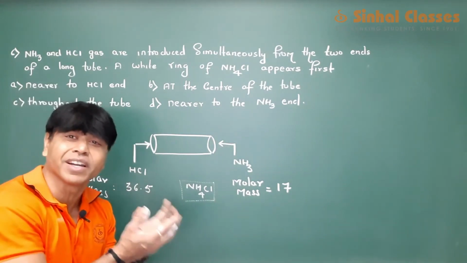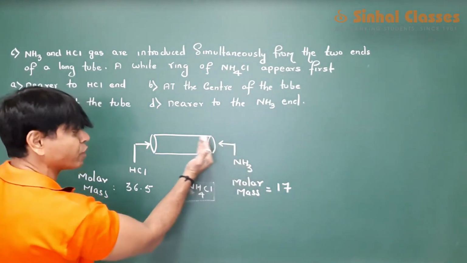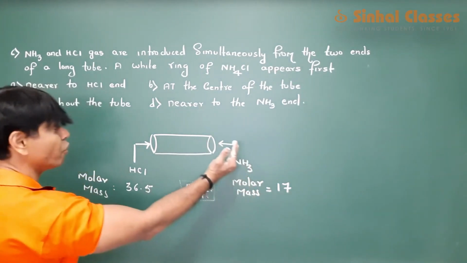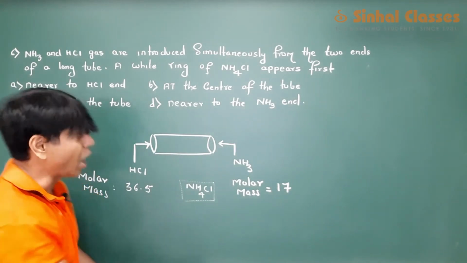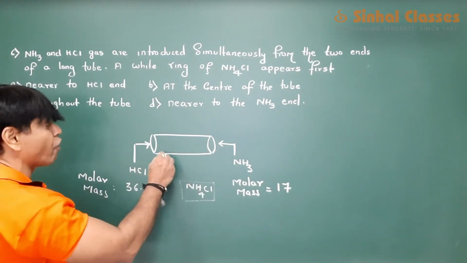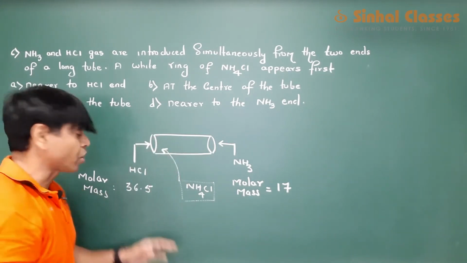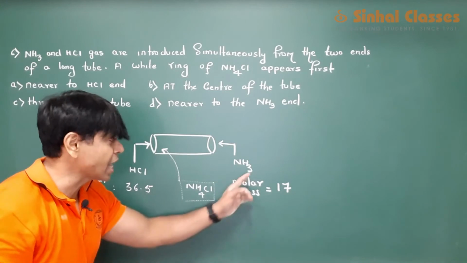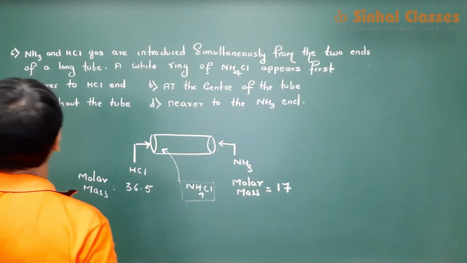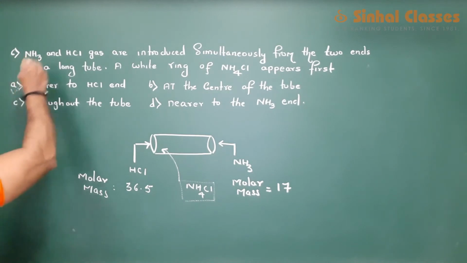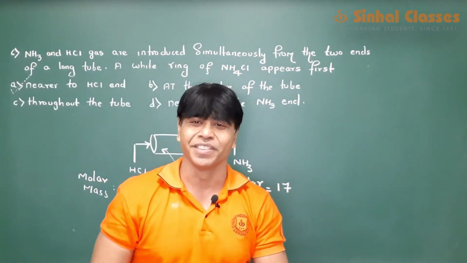Definitely HCl is heavier, ammonia is lighter. So the movement of ammonia gas will be faster. So it will move very quickly as compared to HCl. So ammonium chloride will be formed more closer towards HCl because it is heavier than ammonia. So your answer for this question should be nearer to the HCl end. Answer should be A for this question.